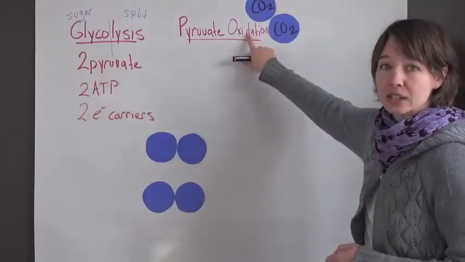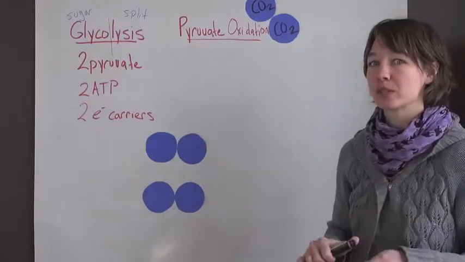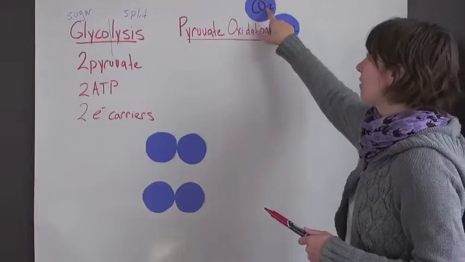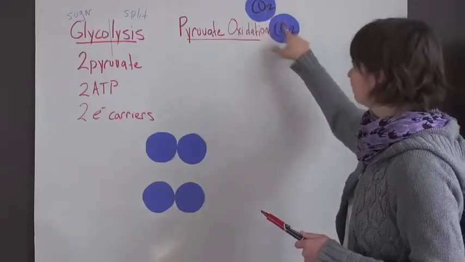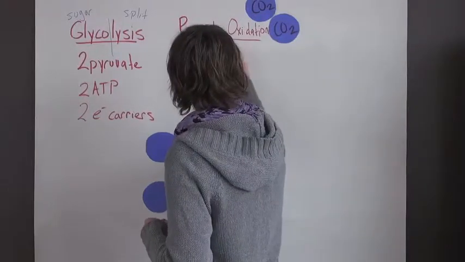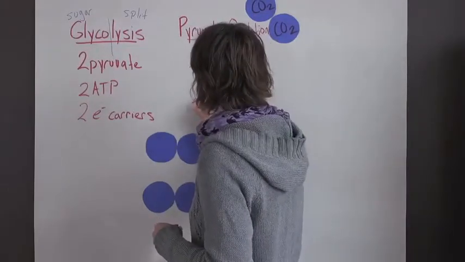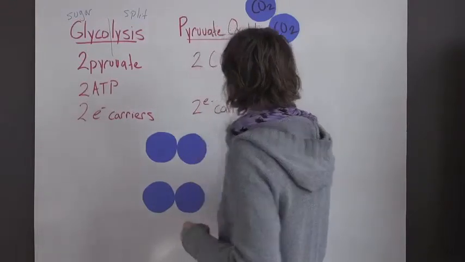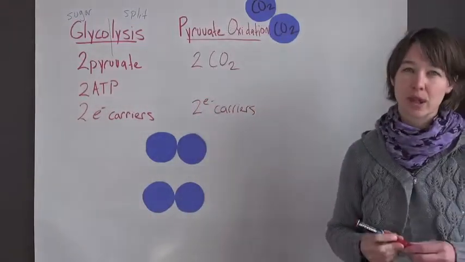Remember, oxidation happens when oxygen absorbs electrons. These carbons have become oxidized. They have been connected to oxygen. So the result here is 2 carbon dioxides, and we also get 2 electron carriers. There's no ATP produced in pyruvate oxidation.